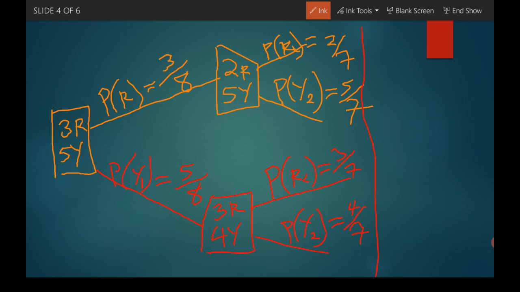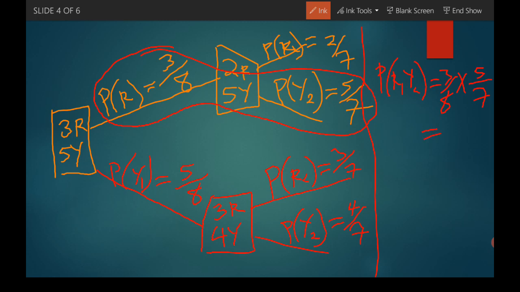So the probability of picking out the red first and the yellow on the second picking will simply be equal to the probability of the red, which is 3 out of 8, times the probability of picking out the yellow, which is 5 out of 7 on the second picking.